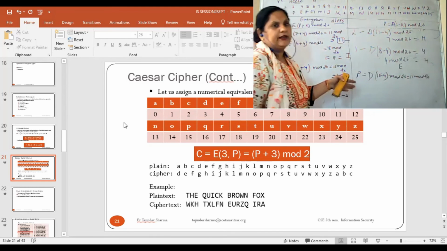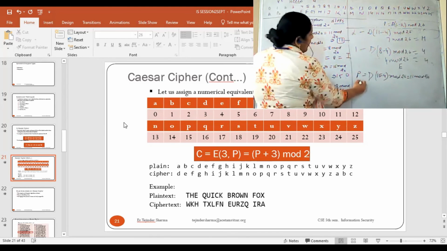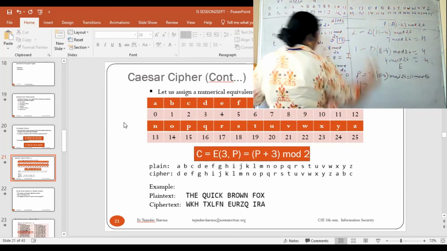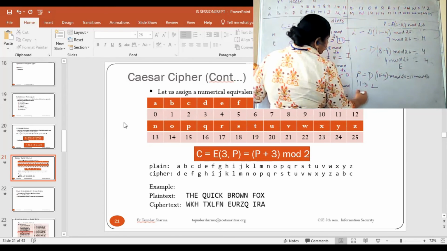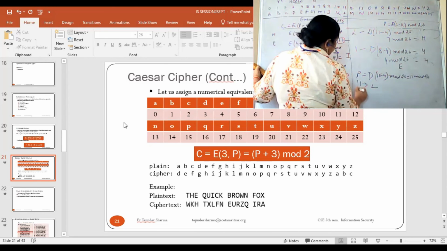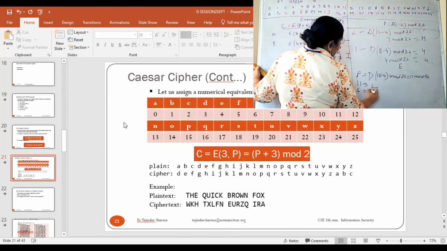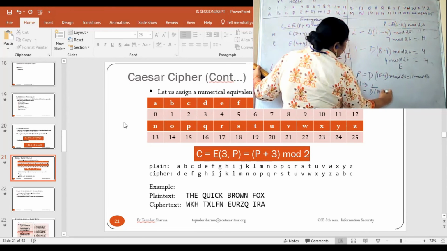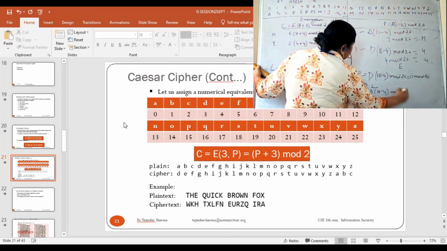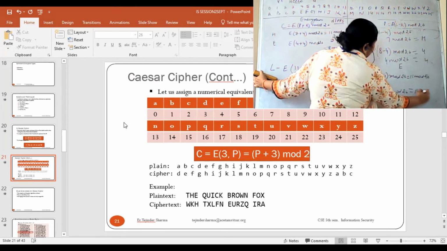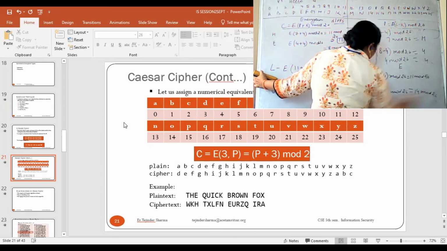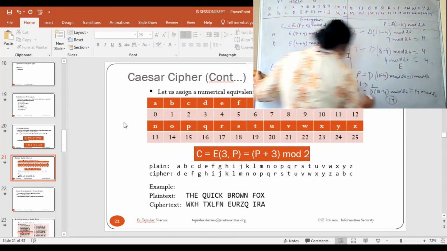So you will get 11, and at the 11th position you have L. Then you have S. S is at the 18th position. So D of 18 minus 4 mod 26, you will get 14 mod 26 as 14 only. So at the 14th position you have O.